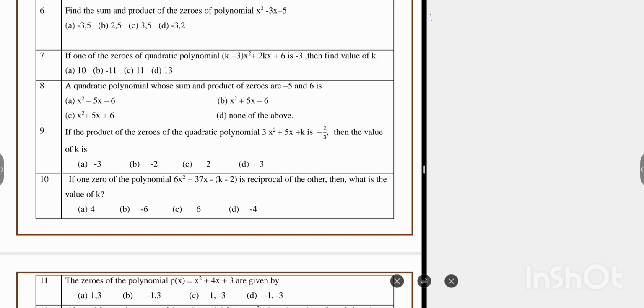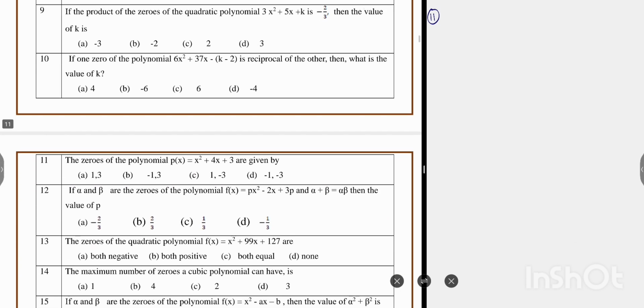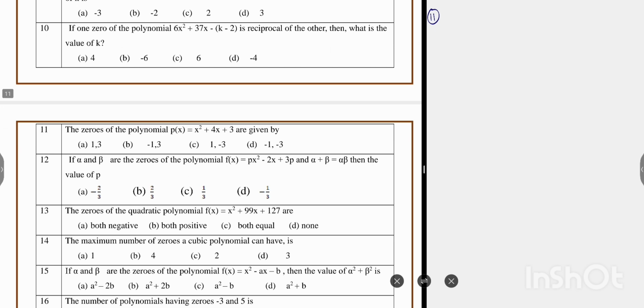Question number 11. In question number 11, the zeros of the polynomial p of x. I told you one method. Just to find the factors, I said to observe what is the coefficient of x square. Coefficient of x square is 1. So whenever it is 1, I said to take the factors of 3. 3's factors are 1 and 3, and 1 plus 3 is 4. 1 into 3 is 3, 1 plus 3 is 4.